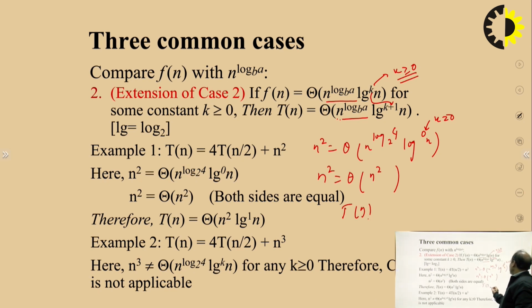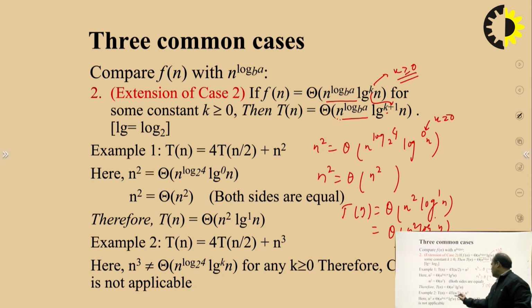T(n) will be theta n square, and whatever k we are choosing, that is incremented by 1. So log to the k plus 1. k is 0, so this is 1. So we'll get the same answer, T(n) is n square log n. So it's not having any issue.